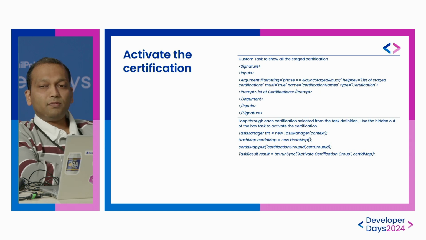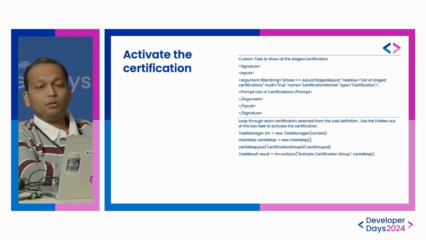Once we click submit on this task, all the input will go to the backend rule of the task. To activate the certification, there is an out-of-the-box API available from SailPoint called activate certification group. This task will take each certification input one by one and activate the certification group.